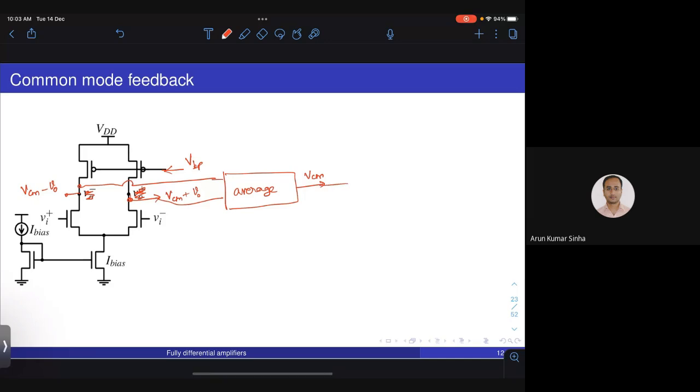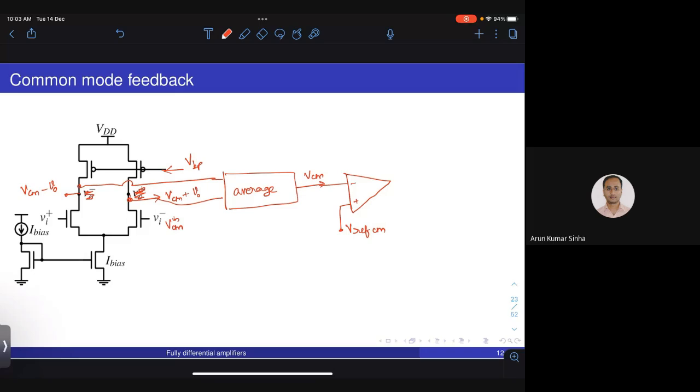Now what I need to do is take this common mode and compare it with some reference common mode. For example, I know the VCM of the input. What is the input common mode?